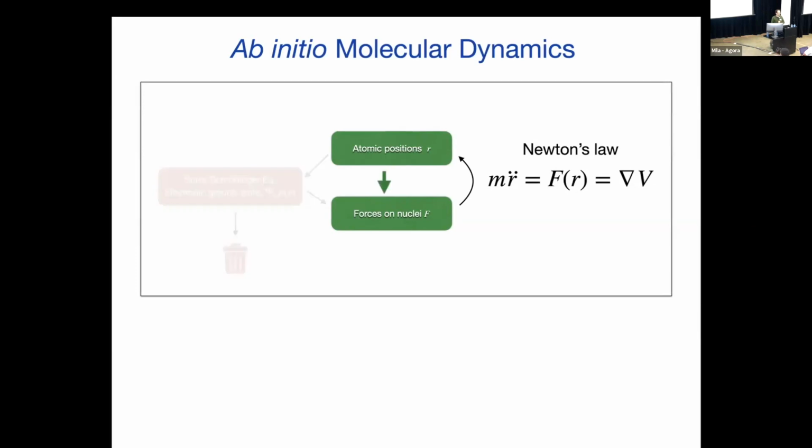So what if we never had to compute them at all, and we just went directly from atomic positions to the forces on the nuclei? That's called a force field, and essentially means taking this potential, the gradient of which are the forces. It's a function from 3n dimensions, the positions of all the atoms, to a real number called the energy.